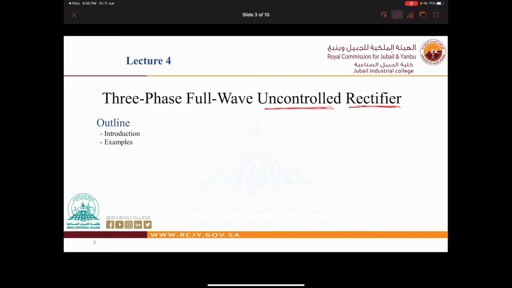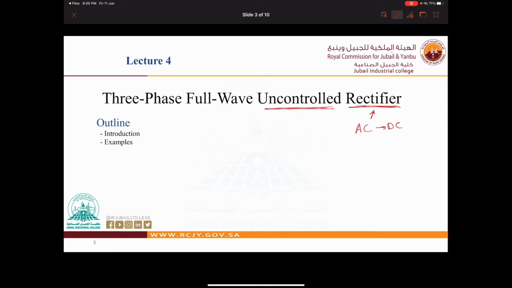Again, a rectifier is a type of converter which converts from AC signals into DC signals. So when we rectify signals, we are converting from AC into DC.